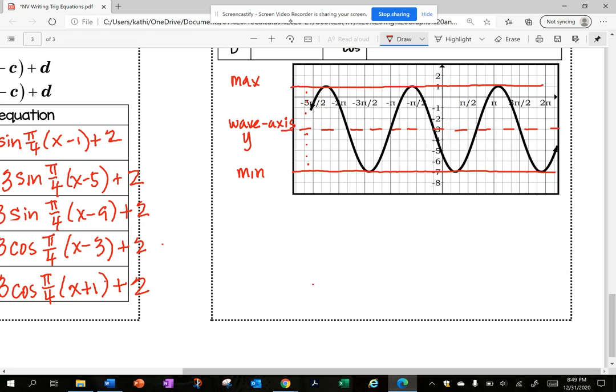So this is that y equals -3. So I know my D value is -3.